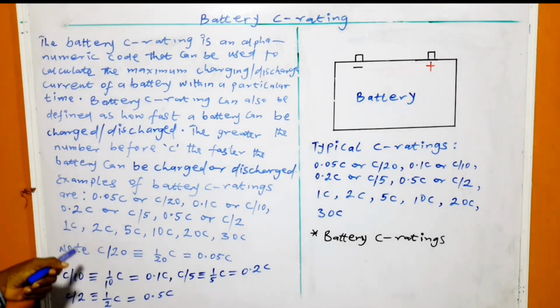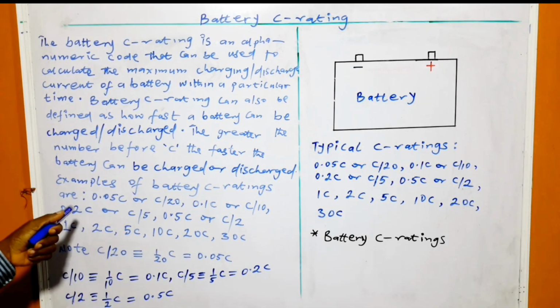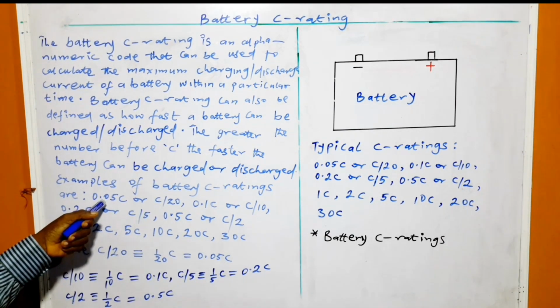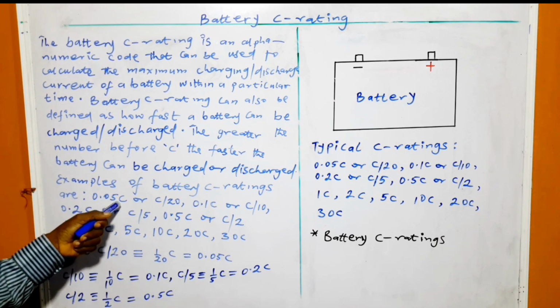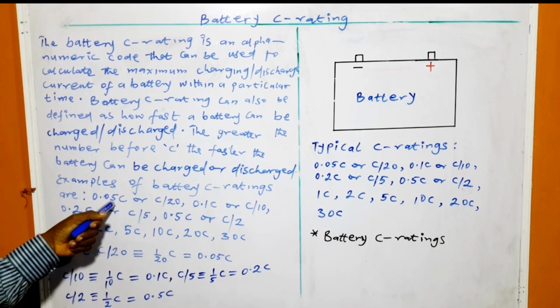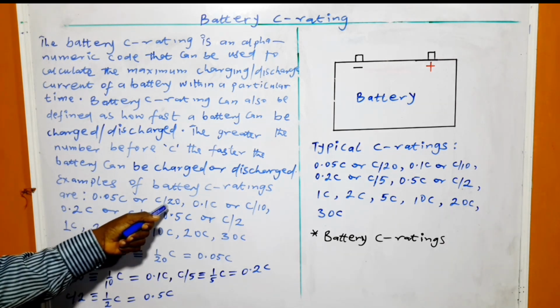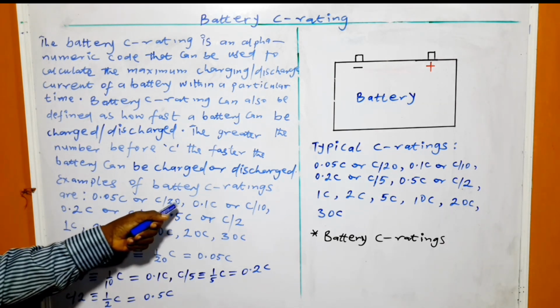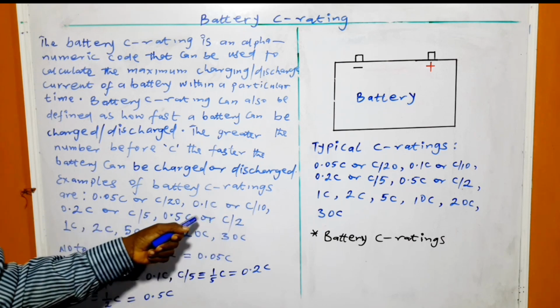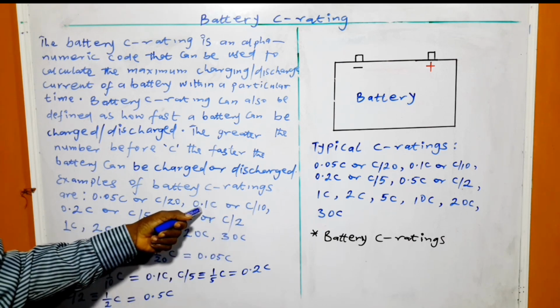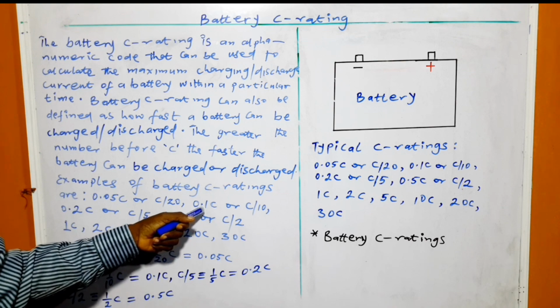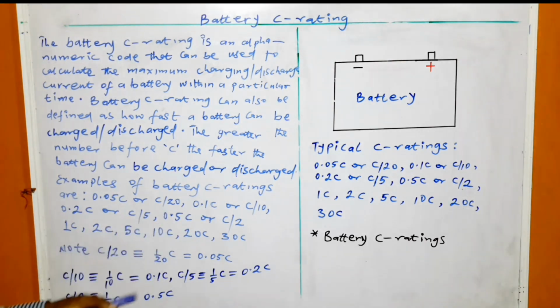The number could be before the letter C, or it could be after, where we have C/20, C/10, and then in front, just before C, 0.1C in this situation.